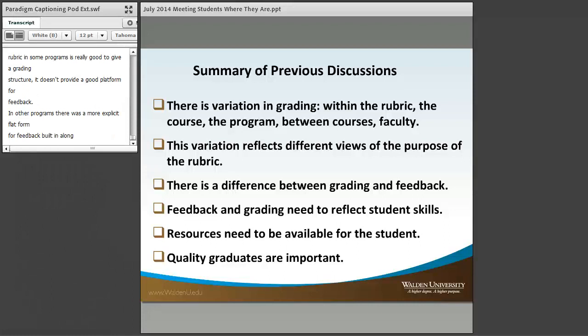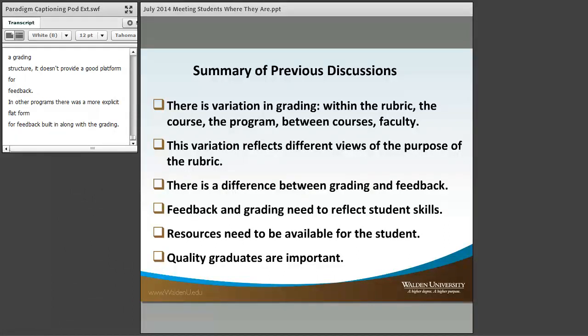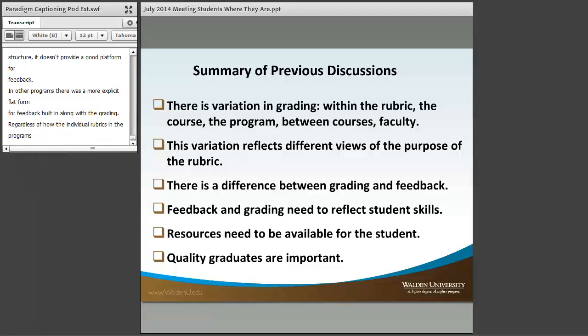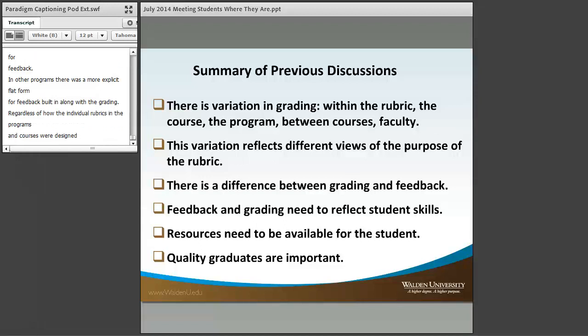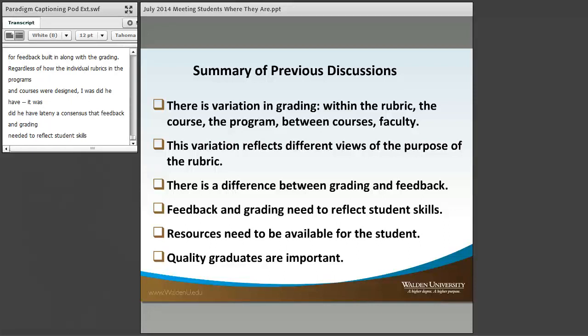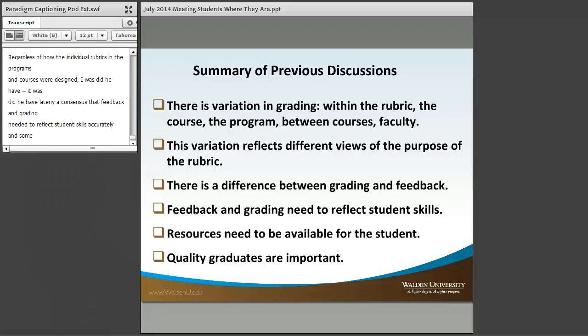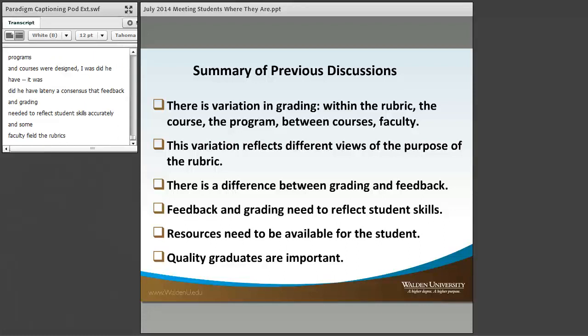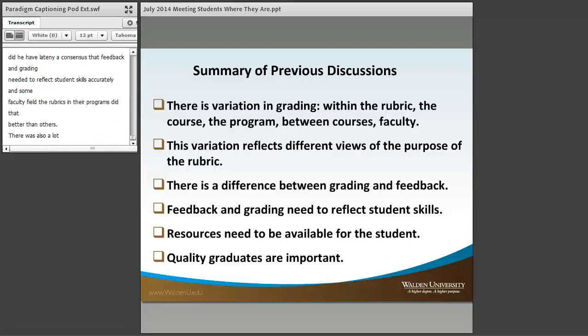Regardless of how the individual rubrics in the programs and courses were designed, there was definitely a consensus that feedback and grading needed to reflect student skills accurately. Some faculty felt the rubrics in their programs did that better than others. There was also a lot of discussion around the resources that need to be available for students.